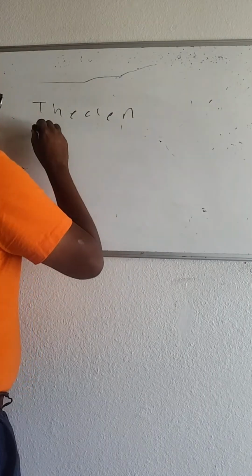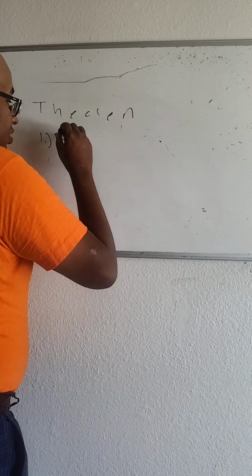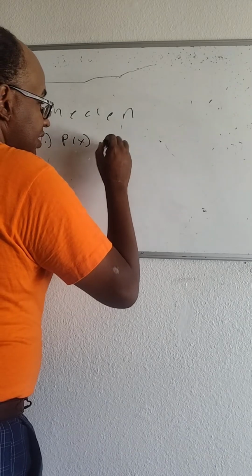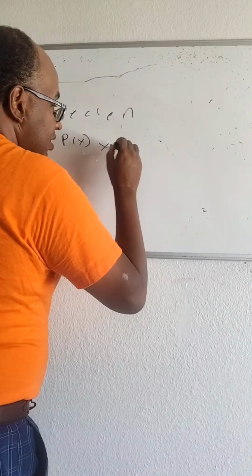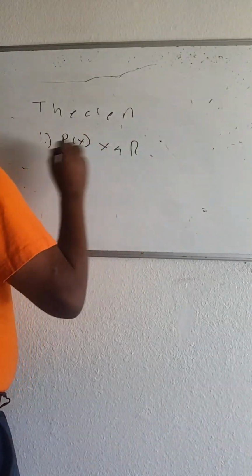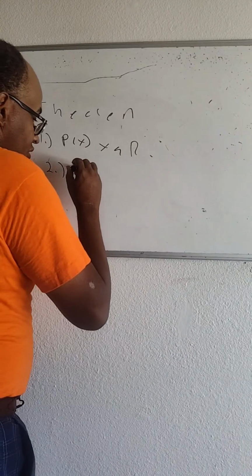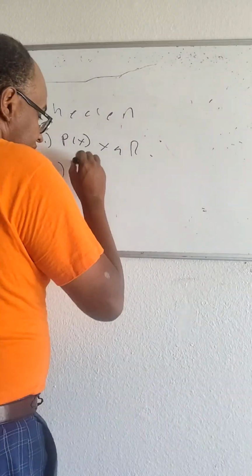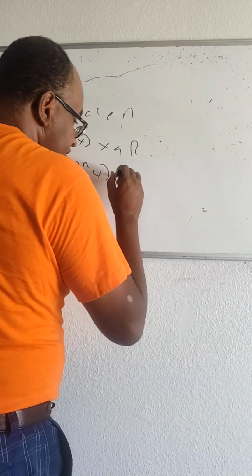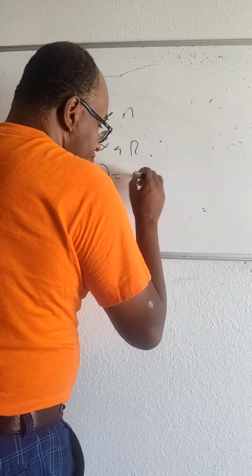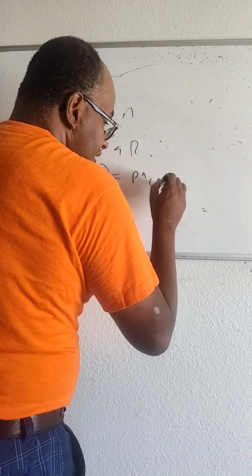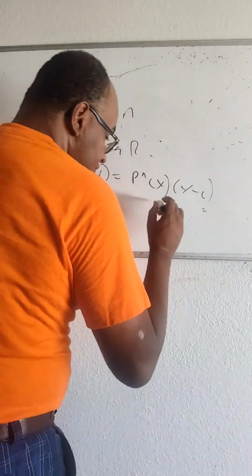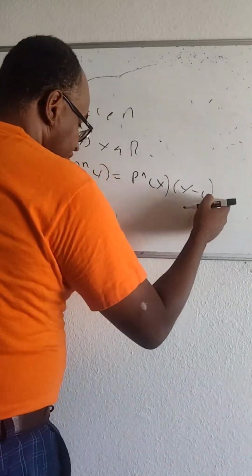Theorem. So we did number 1. We defined a polynomial of x, right? By definition, that's our proof. 2, we did what they call the zero factor theorem. So we did P of x equals P of n x minus a equals 0, right? So that'll be zero factor theorem equals 0.